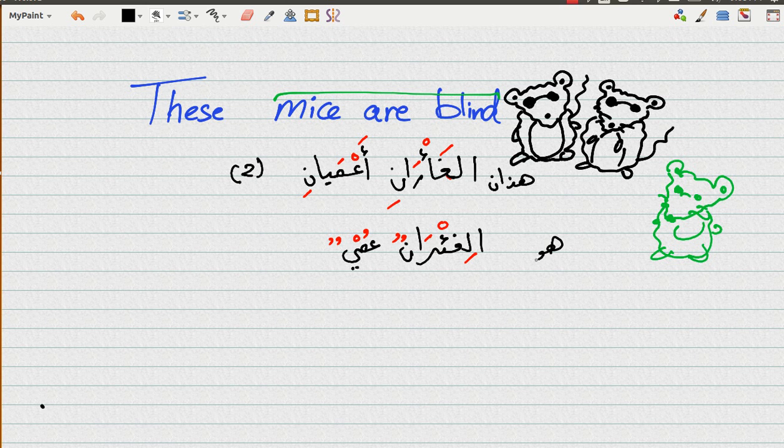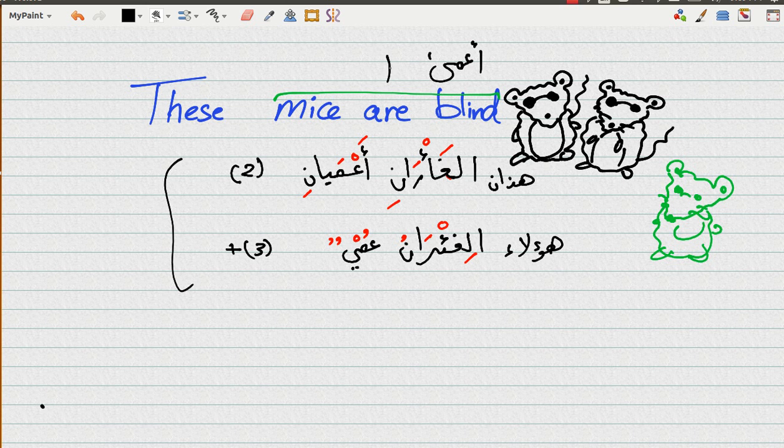If I say هؤلاء الفئران عمي, then it means that there are more than two. There are three or more. Okay? هؤلاء الفئران عمي. Now, just for you to know, blind in Arabic for singular is أعمى, written with ألف مقصورة. أعمى.